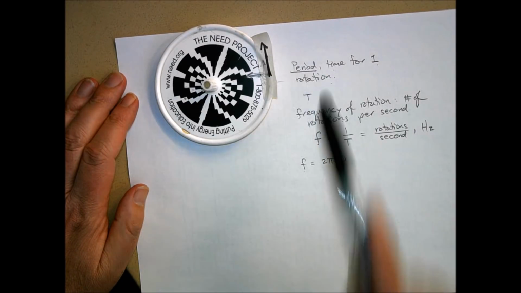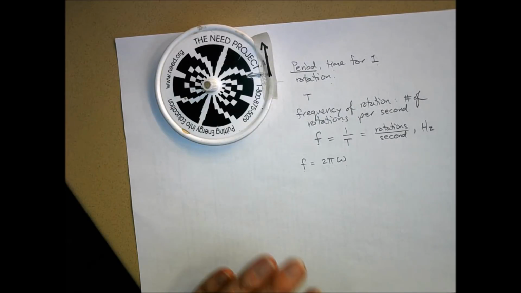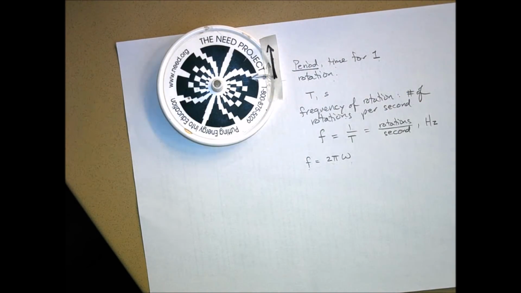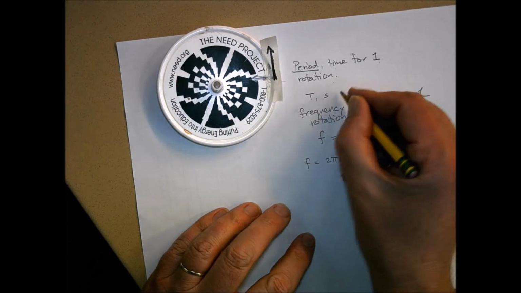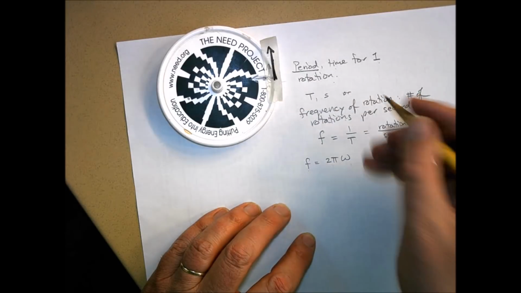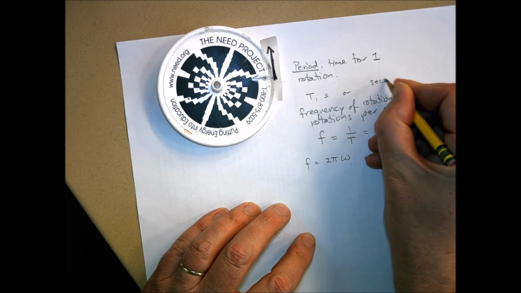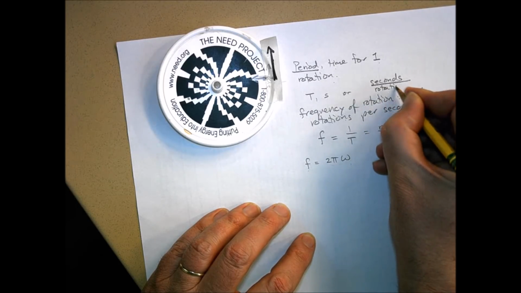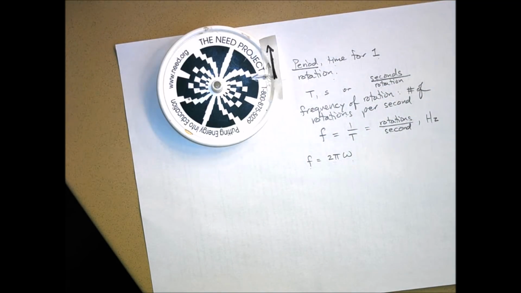The variable is T, and the units are seconds. Sometimes I like to go seconds per rotation. How many seconds does it take to make one rotation?